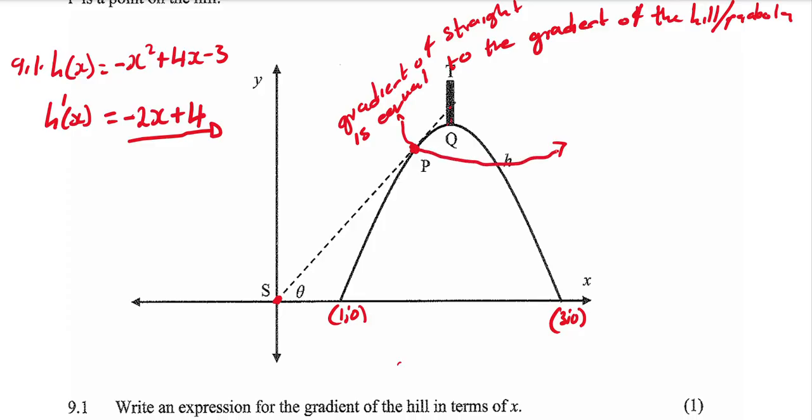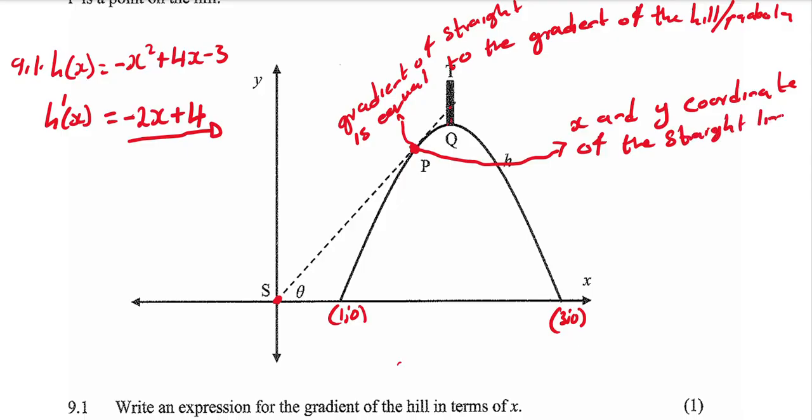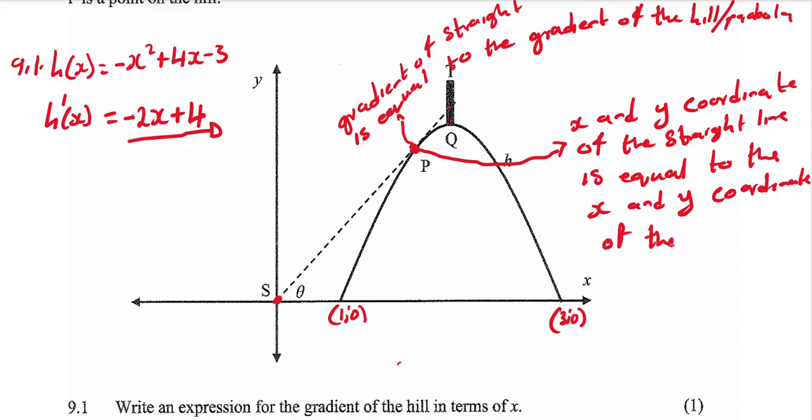And one other thing, what do we know at this point again? Let me write here. At this point again, the x and y coordinate of the straight line is equal to the x and y coordinate of the parabola.